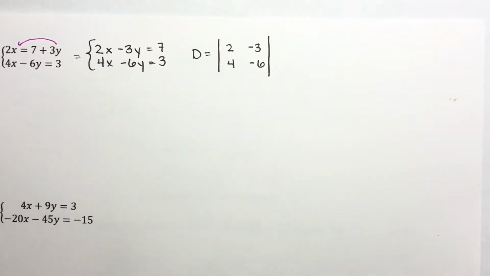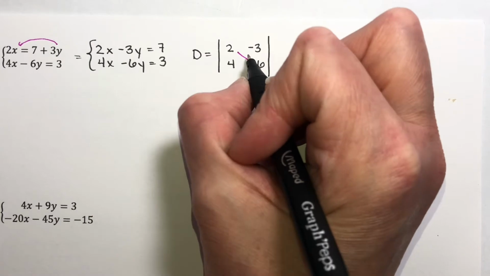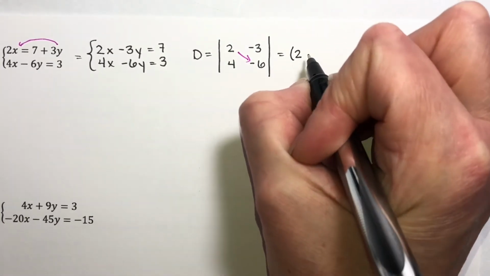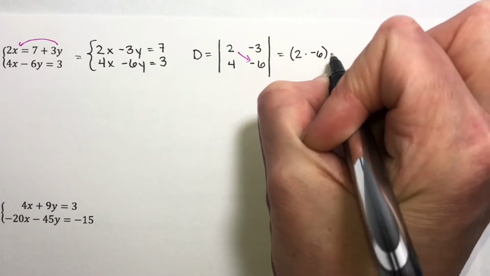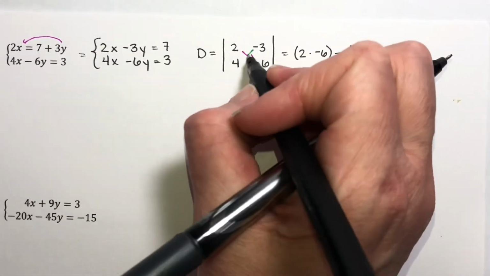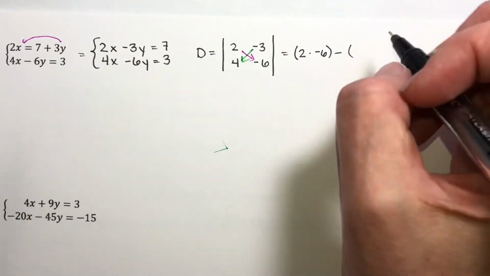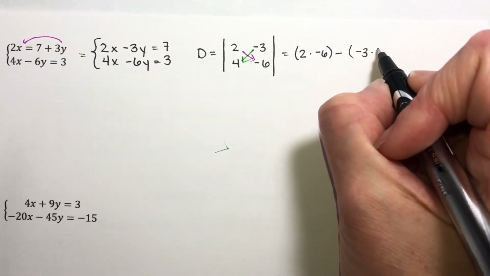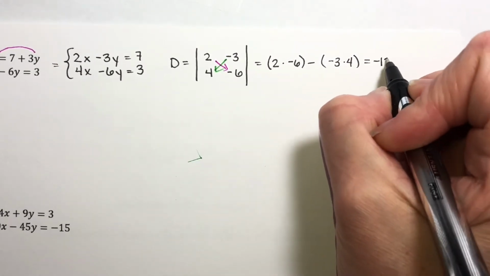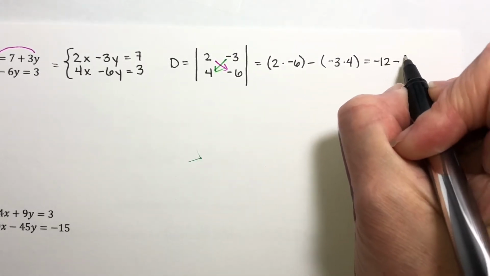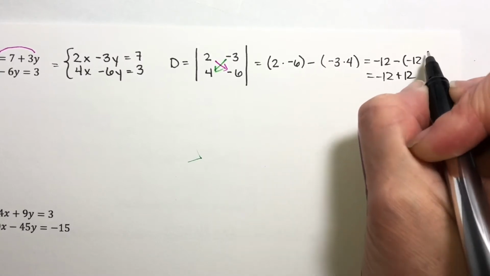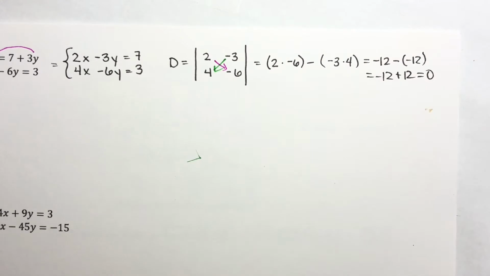Okay, so let's do our calculations. 2 times -6 minus, it's going to be -3 times 4. And that would equal -12 minus a -12, which is -12 plus 12 is equal to 0.